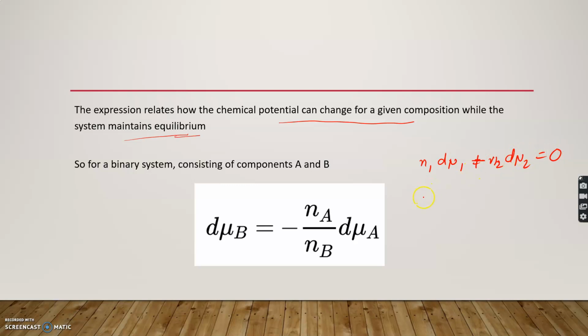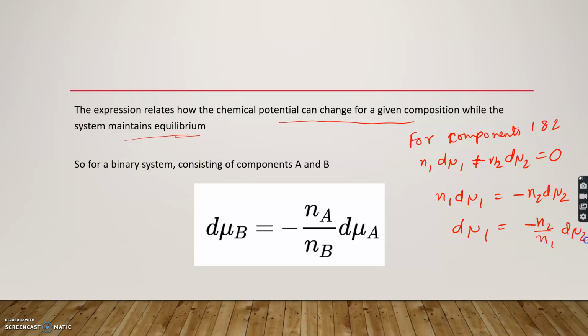So we can rewrite it, and this is how we arrive at the equation as shown here for a binary system consisting of two components.